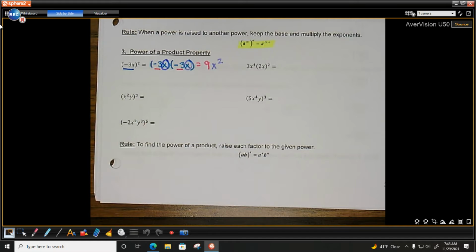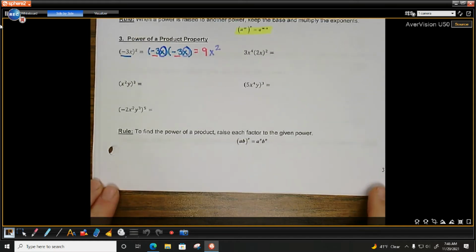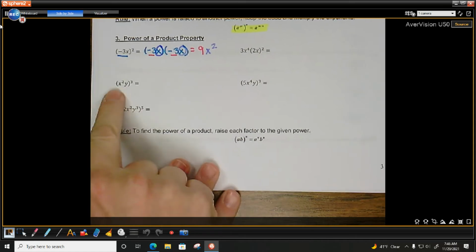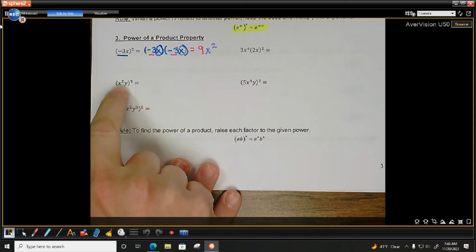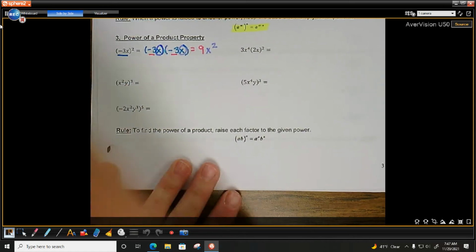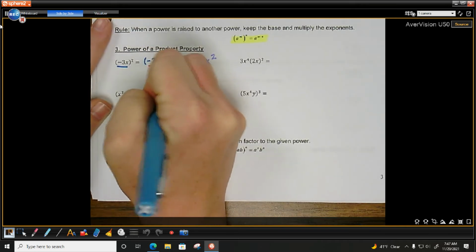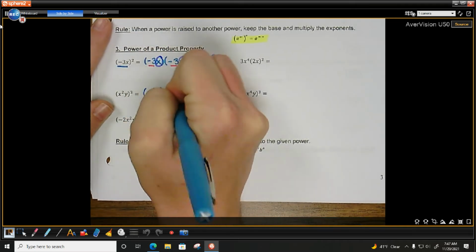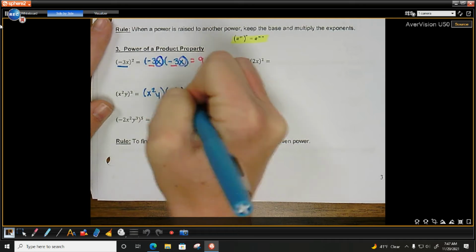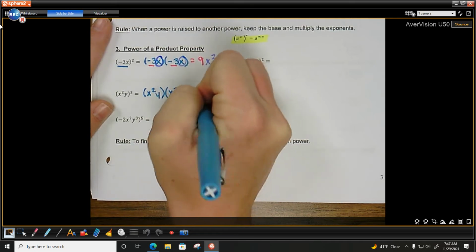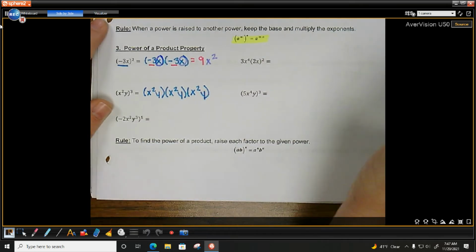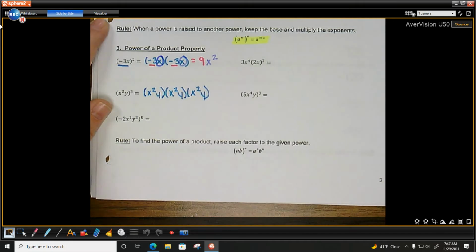Okay. I'm going to work down. Okay. So I have parentheses to the third power. So how many times do I need to write my parentheses out? 3 times. Now let's count up our x's.